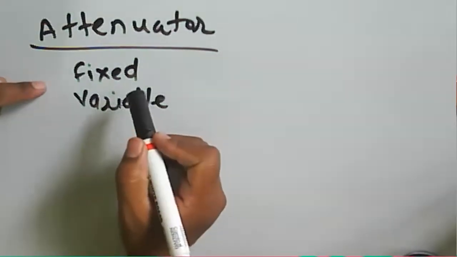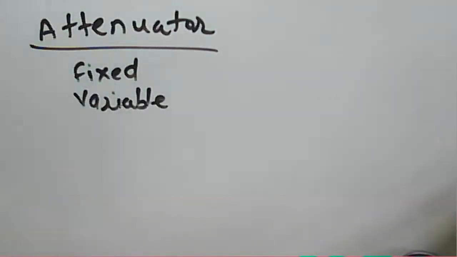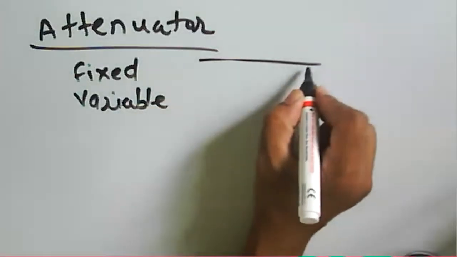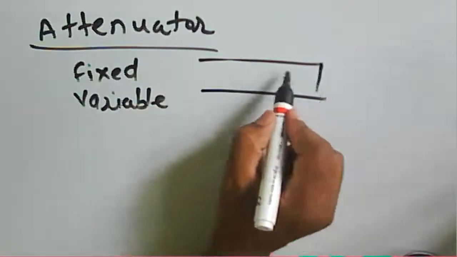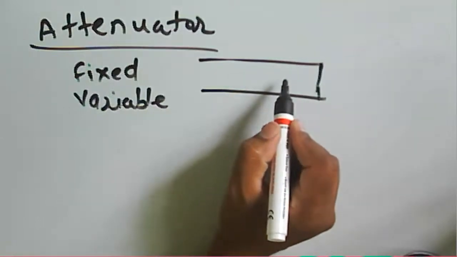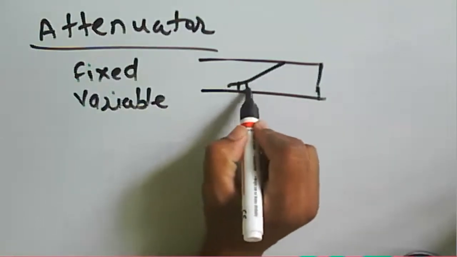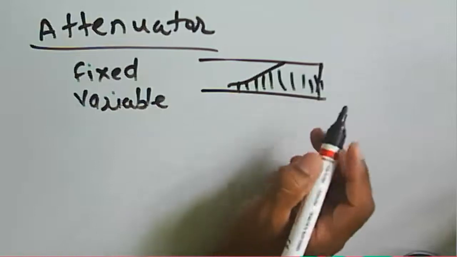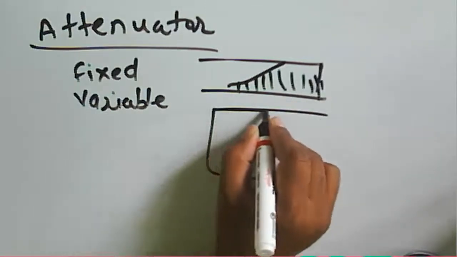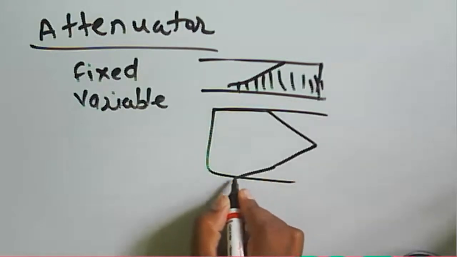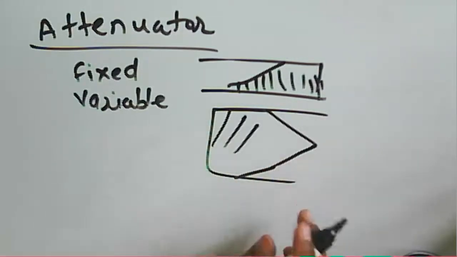In the fixed attenuator, a fixed tapering takes place. The tapering means, at a particular section, a fixed section of tapering.